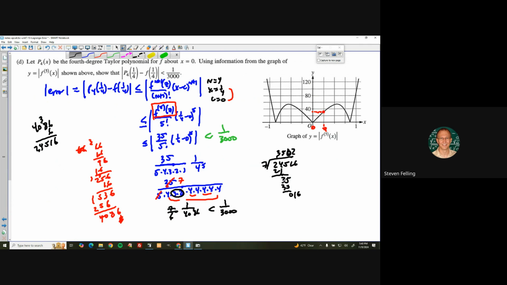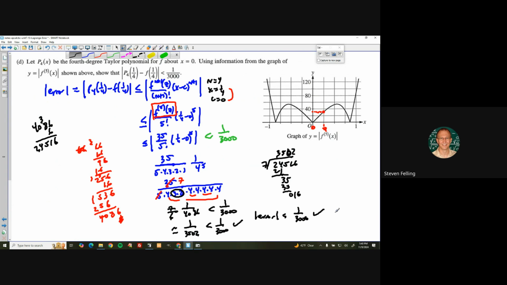All right, so this is approximately 1 over 3,502, which is definitely less than 1 over 3,000. We have shown that the error is less than 1 over 3,000.